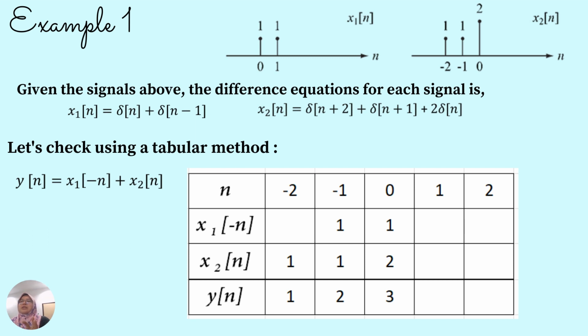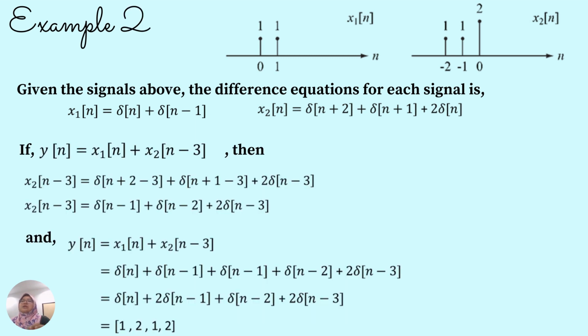Okay, dan kita tambahkan. So kita dapat 1, 2 dan 3 sama macam yang kita buat tadi. Right, so you boleh tulis lah, this is the sequence yang kita dapat. So you can check with that. So either you buat the tabular method ataupun you buat the equation method, dua-dua boleh. Okay, will give you the same answer.